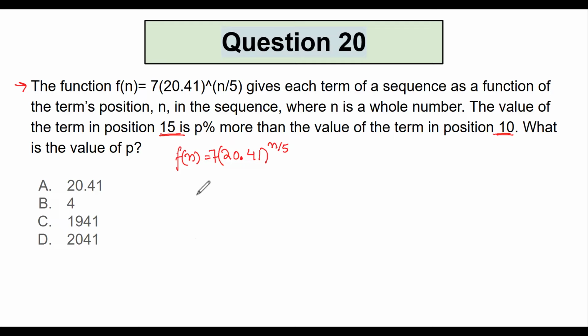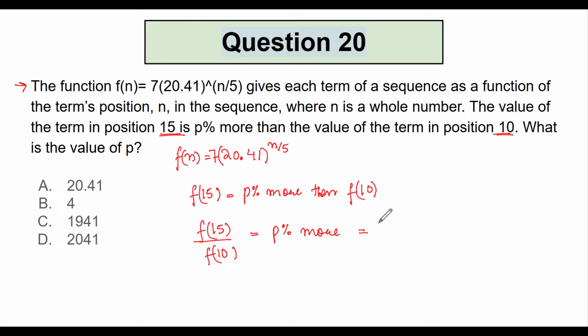So the question is saying position 15 is p% more than f of 10, right? So if we find f of 15 divided by f of 10, it will give you that p% more.